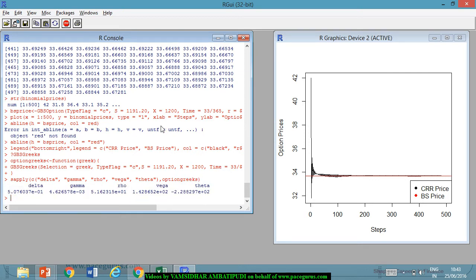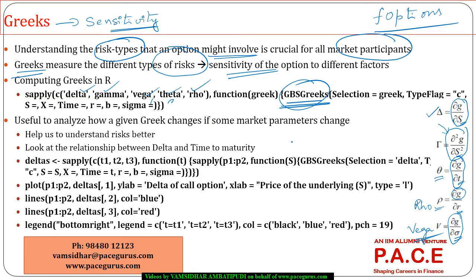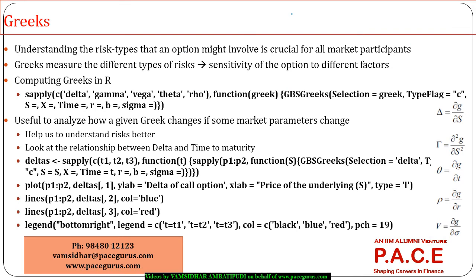So I get the delta for this option as 5 into 10 to the power of minus 1, so it's almost 0.5. For this case I am getting the delta as approximately 0.5.